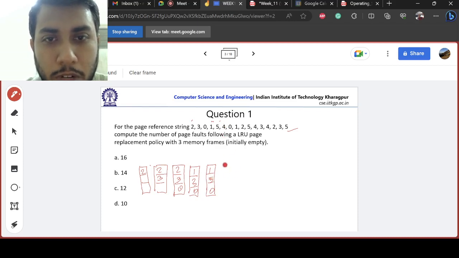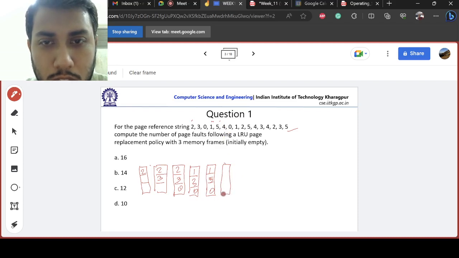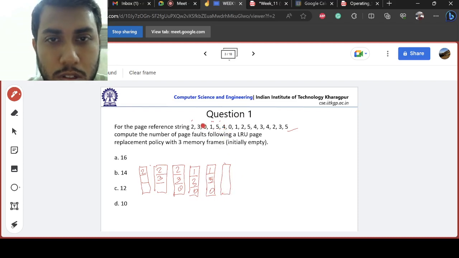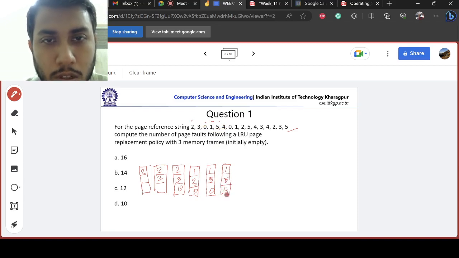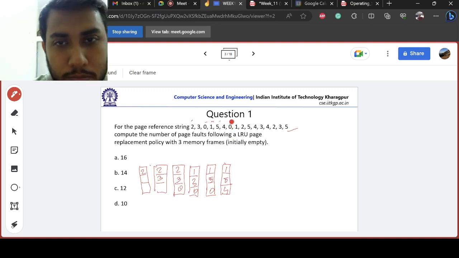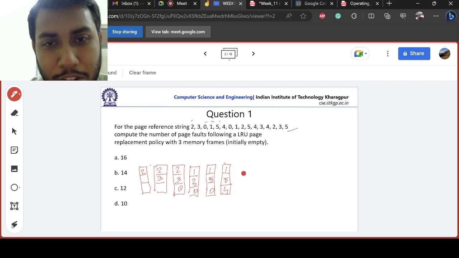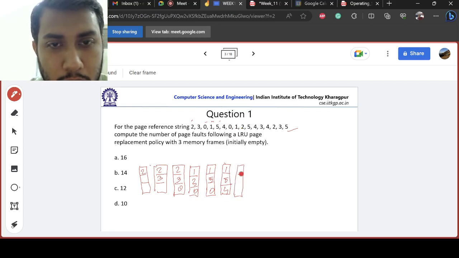Now 4. Which one was the least recently used? 0. So 0 will be evicted. So it will be 1, 5, 4. Now 0 comes. Which one was the least recently used? 1. So that will be evicted. 0, 5, 4.